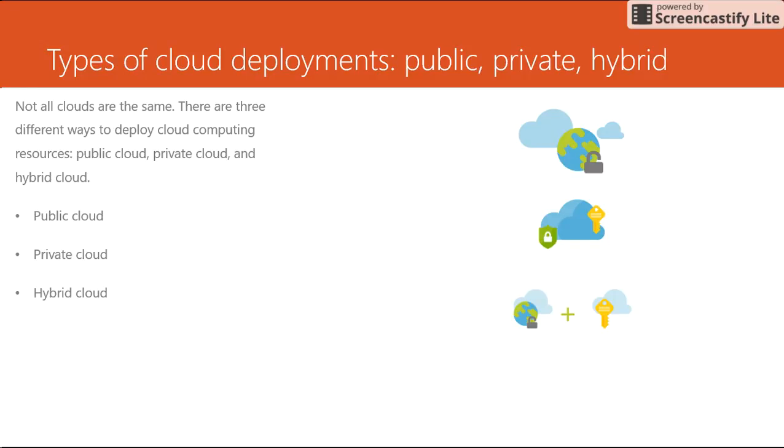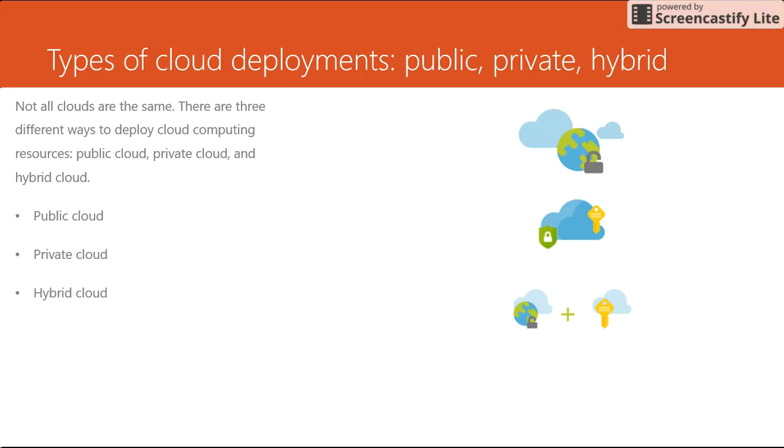So to deal with this kind of scenario, the companies who provide cloud services have three categories of setup. One is the public, another one is the private, and the last one is the hybrid. When we talk about the public cloud, it means this setup is open for all companies.